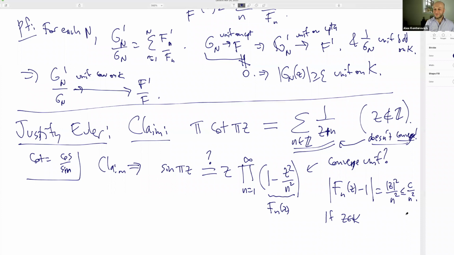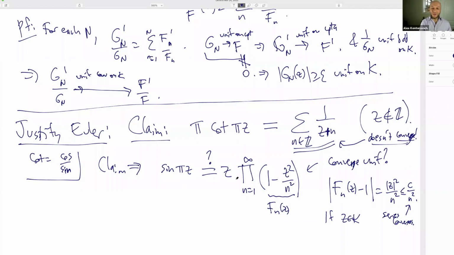And this series converges. Right? 1 over n squared. So this does converge on compacta. Of course, not for all z, but it converges on compacta. And so we do have an infinite product here.